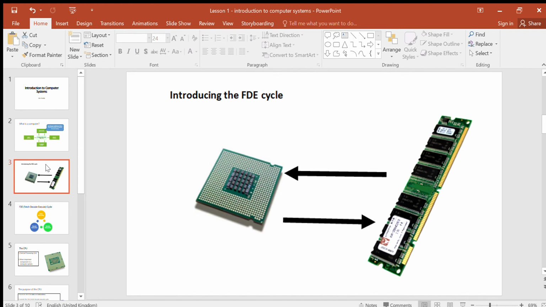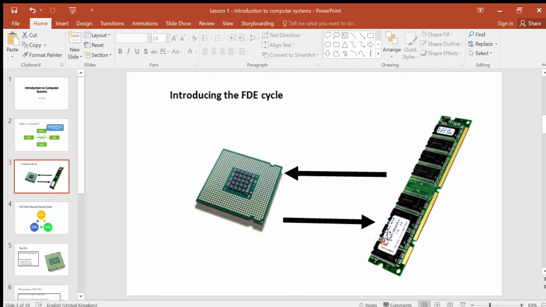So let's drill down a bit. The FDE cycle, what does the FDE stand for? It's fetch, decode and execute. What that means is the CPU is fetching an instruction from RAM, it is going back, decoding it and executing it. As soon as it's done that, it fetches another instruction, takes it back, decodes and executes.